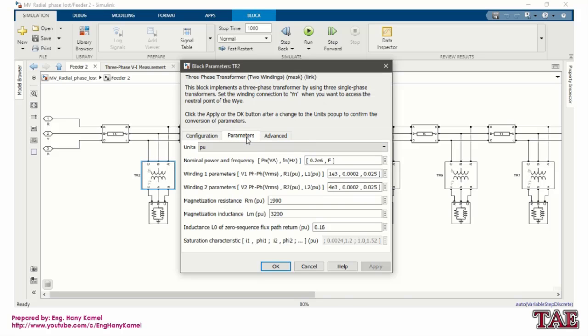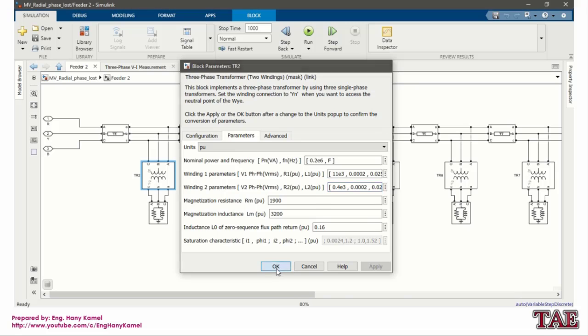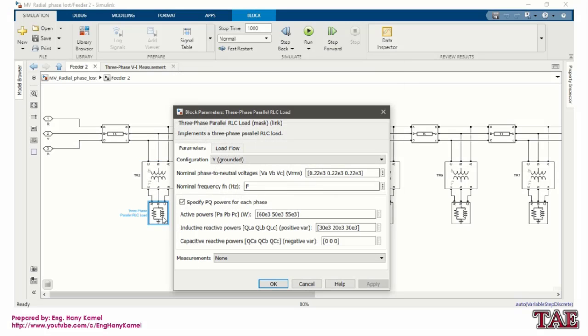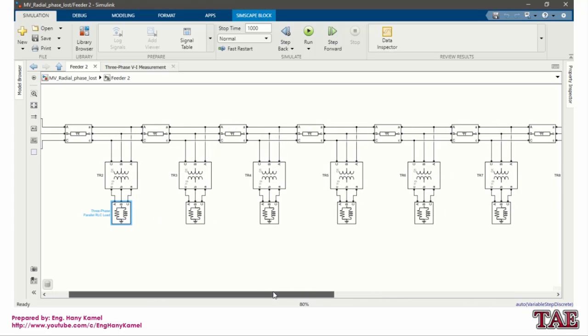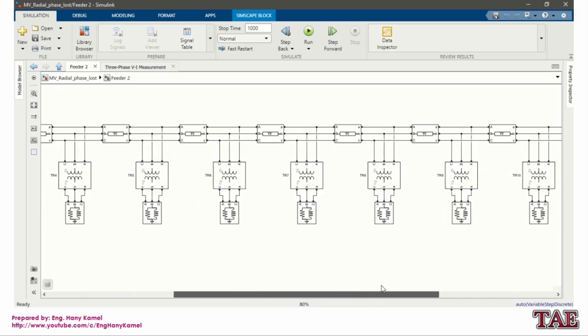This transformer is 200 kVA, 11 kV to 400 volt. It's DYN 11. And for our loads, here I can make unbalanced loads because it's normal for distribution loads.